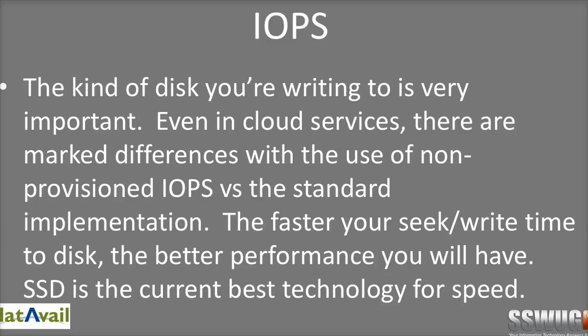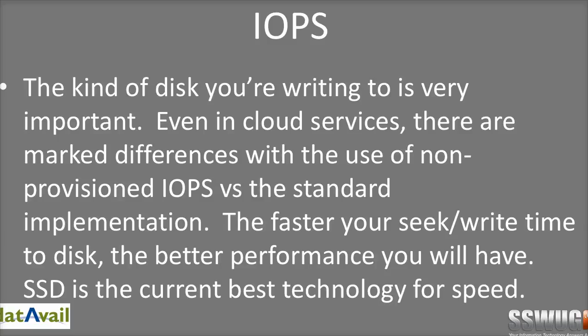Now, the kind of disk you're writing to is very important because even in the cloud services, people will think, well, I'm just sharing this giant server with these other people. And the problem comes with how fast you can seek and write to the disk.